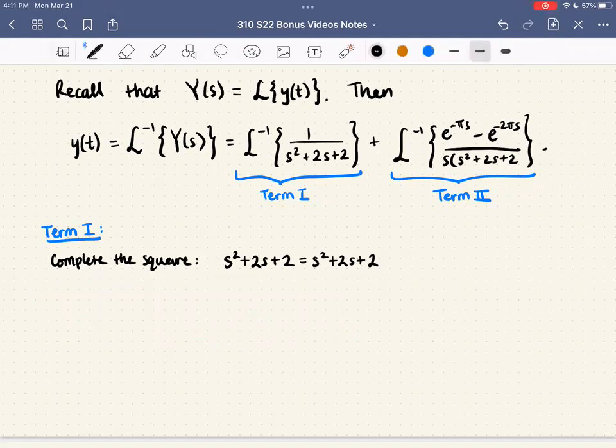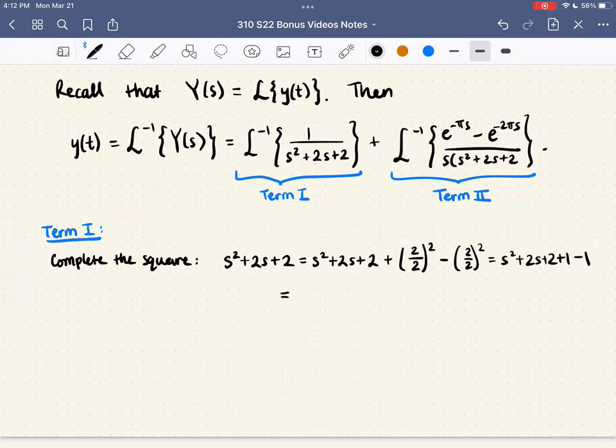In this case, our a is 1 and our b is 2. So b over 2a squared is 2 over 2 squared, which is 1. I'm adding 1 and subtracting 1: s squared plus 2s plus 2 plus 1 minus 1. So I've added 0 in a nice way.